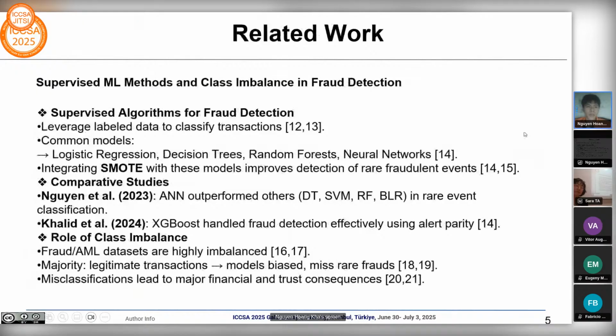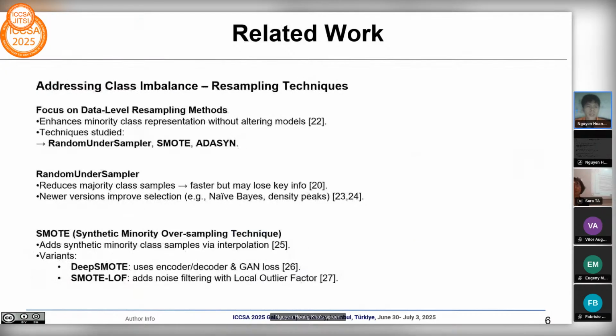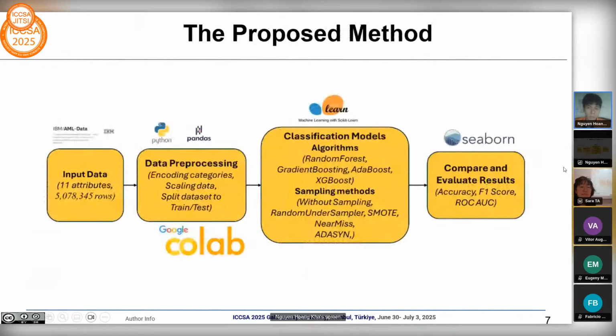Next is related work. We have supervised learning methods and class imbalance in fraud detection. Common models are logistic regression, decision tree, random forest, and neural network. For class imbalance sampling techniques, we have random undersampling, SMOTE and ADASYN. In our proposed method, we have input data, and then we put data into data processing.